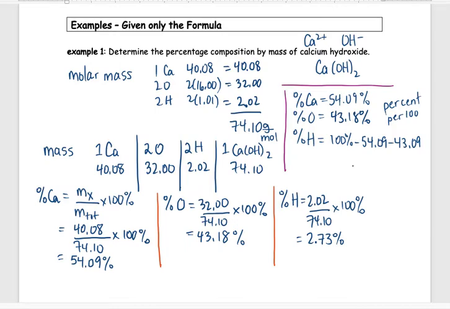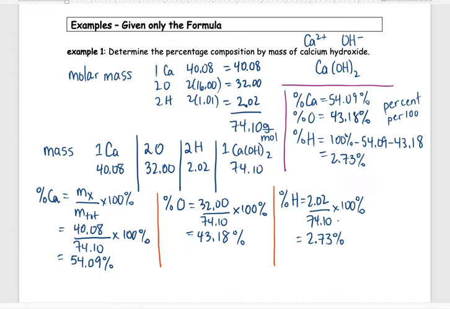I wrote the oxygen incorrectly, so let me fix that. Okay, so if I subtract those from 100, I will get 2.73%, and that's what we got down here.